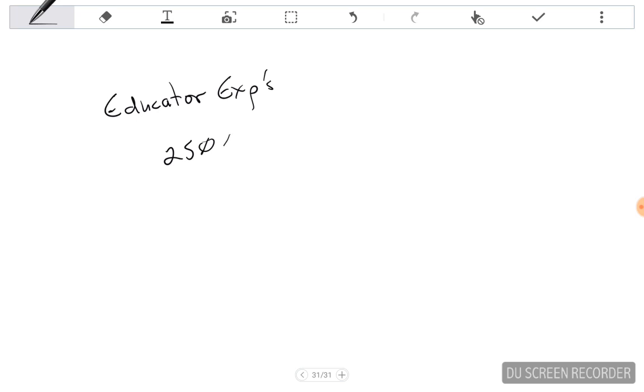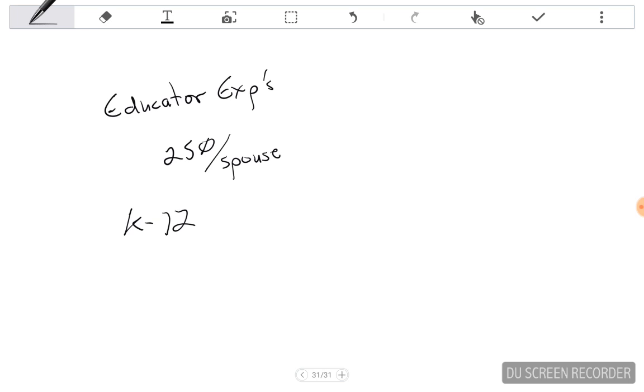It's $250 per spouse on the return, so if there's two people, they're both educators, K through 12. Okay, so this is K through 12, remember. Then between them, they can deduct $500, but not more than $250 each.